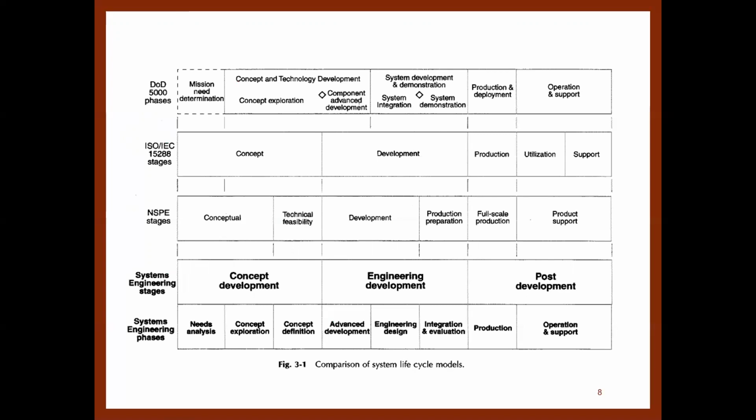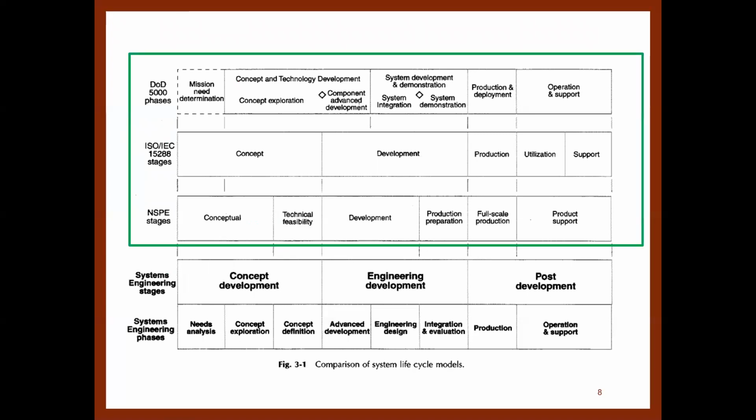And then the second step of the DoD actually has the word concept attached to it. So you see that at the beginning, you're doing the same thing. You're trying to define your concept, and you are trying to define the technical feasibility of those concepts. And then you move forward into development, and then into production, utilization and support, operation and support, and so on. So those are the top three, right?